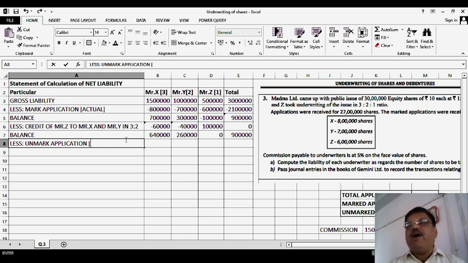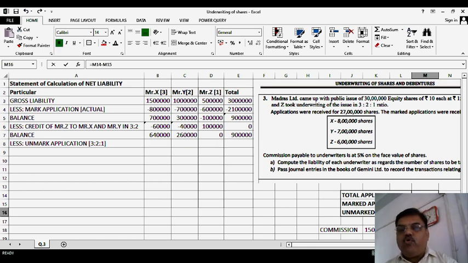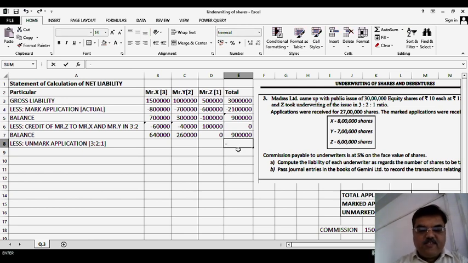Always remember, unmarked application you have to divide in the gross liability ratio, that is 3 is to 2 is to 1. Unmarked application we have already calculated over here, that is 6 lakh. So here minus 6 lakh.